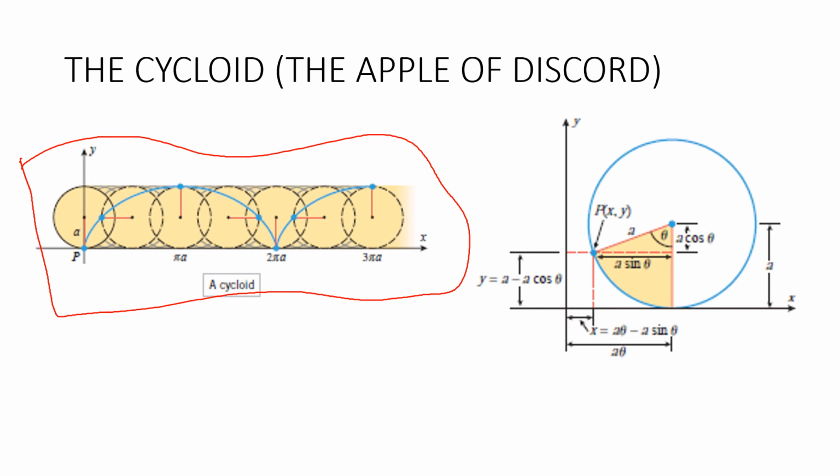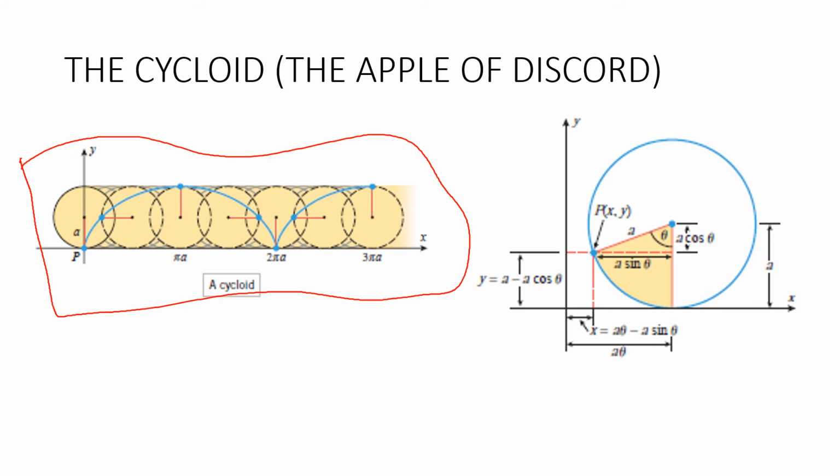The motion of P is the combination of the movement of the circle's center parallel to the x-axis and the rotation of P about the center. As the radial line sweeps out an angle theta, point P traverses an arc of length a theta.